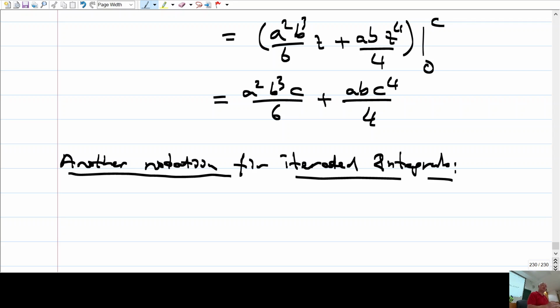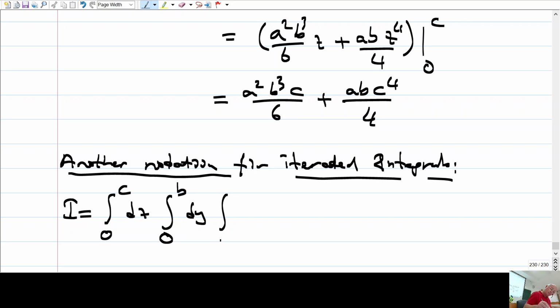One of them is actually preferred by physicists. I don't like this notation, but this is something used. So here it is. The same integral can be written like this. Integral with respect to z, and then integral with respect to y, and then integral with respect to x.